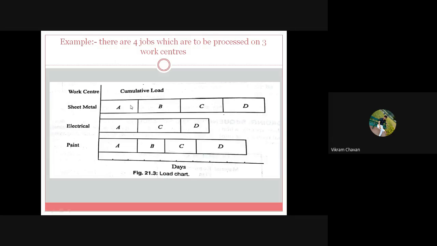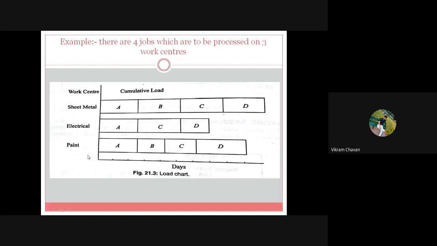Okay, so all four jobs should be processed on a sheet metal workstation. Then on an electrical workstation, only three jobs should be processed. That is nothing but A, C, D. Okay, these three jobs should be processed on an electrical workstation, and all the four jobs, A, B, C, D, should be processed on this particular paint workstation.